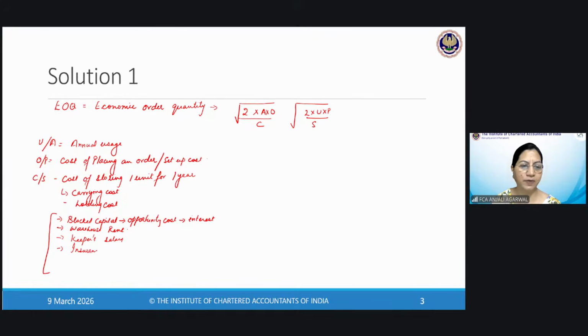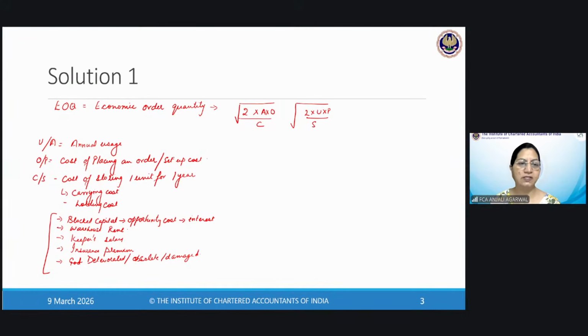The more raw material you have, the more the value of the raw material would be, and therefore the insurance premium would be higher. Then there are godown keepers. Then there is wear and tear. The things can get deteriorated. They can become obsolete or damaged. So these are the general components of cost which are included in the cost of storing.